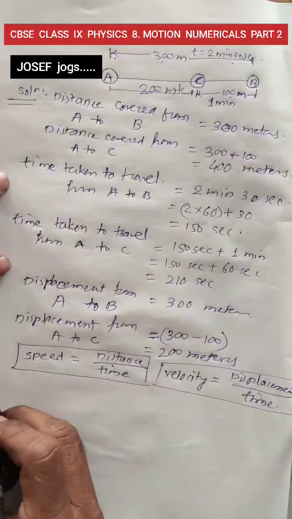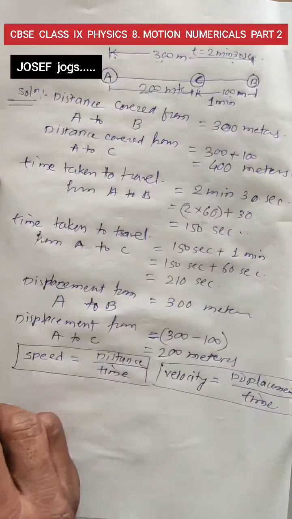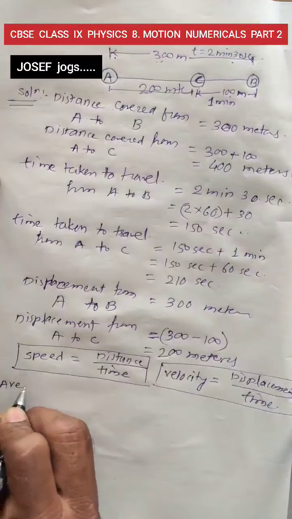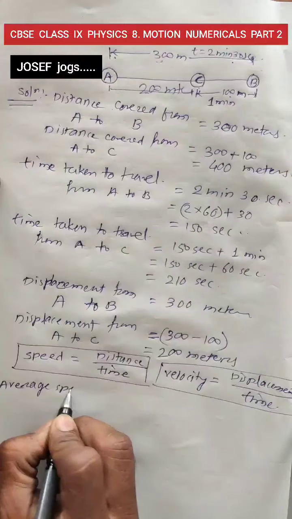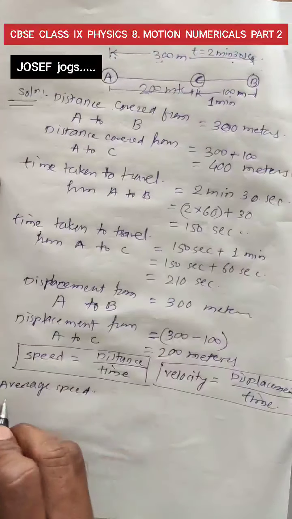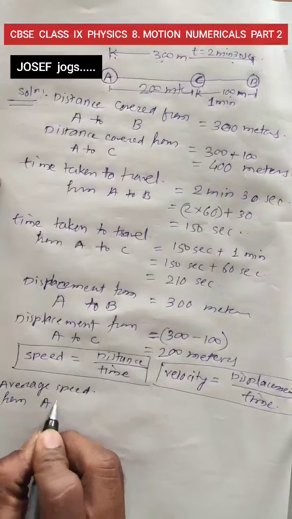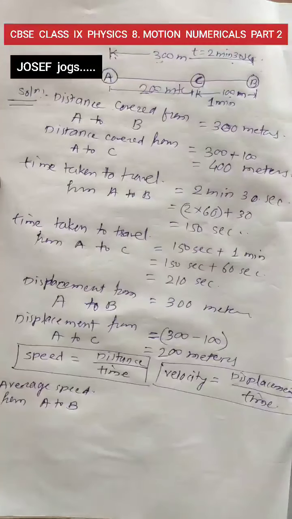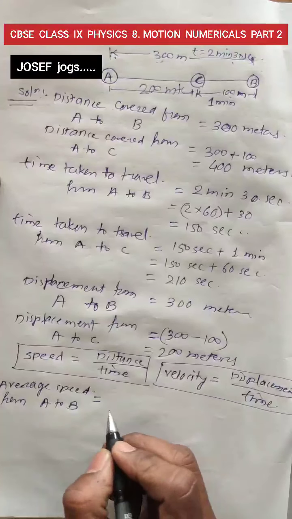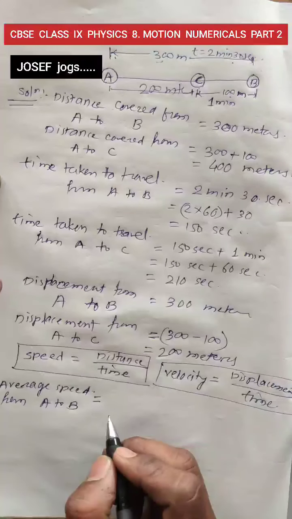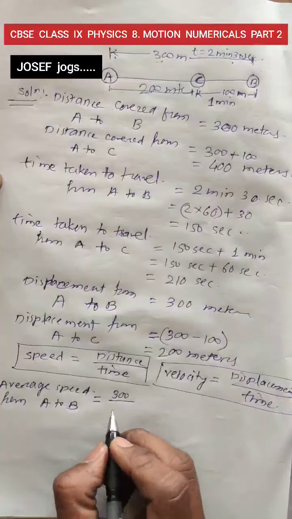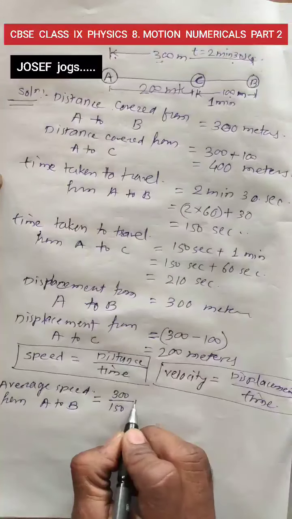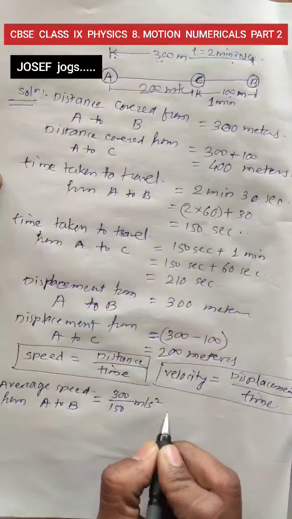So in the first step we have to calculate the average speed traveling from A to B. Average speed from A to B is equal to 300 upon 150, and we have to find the speed, so meter per second.